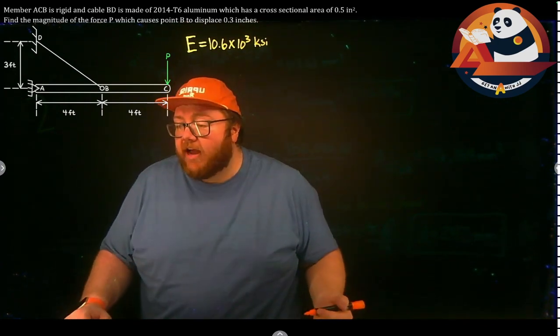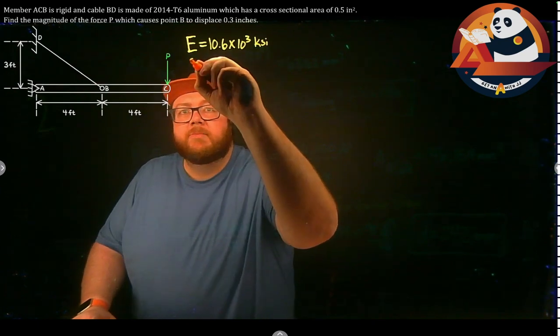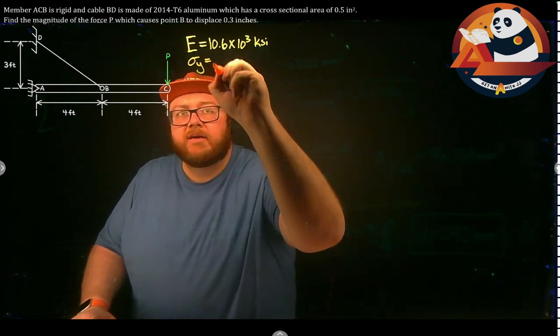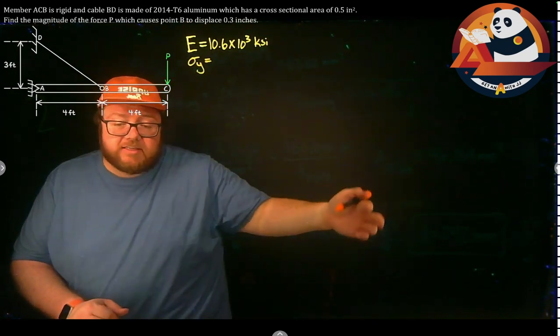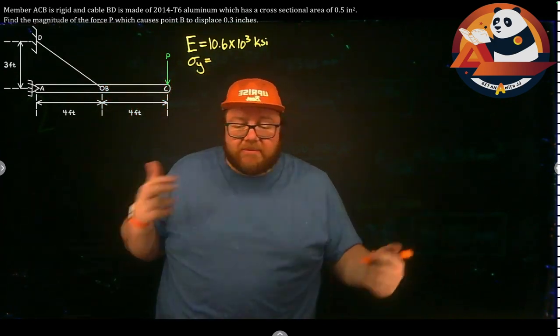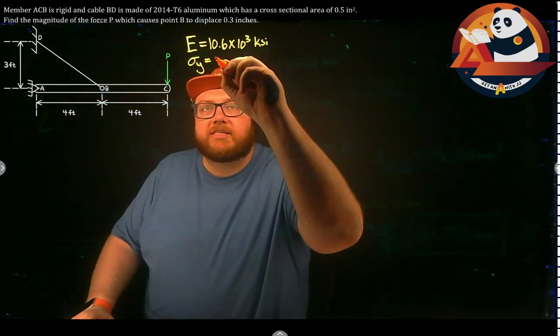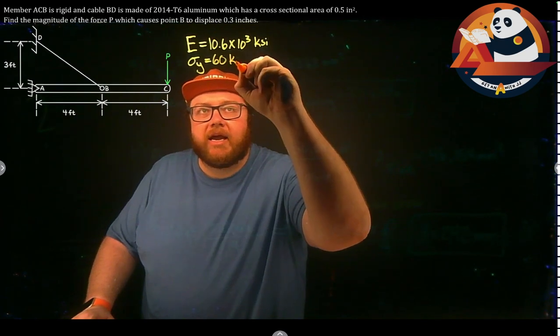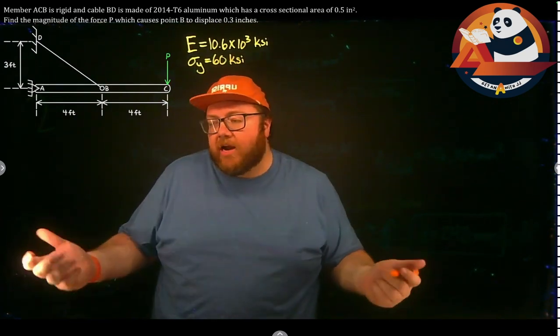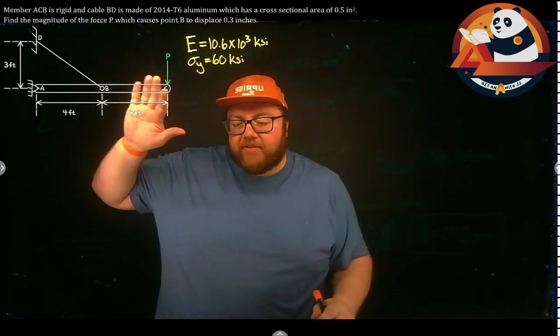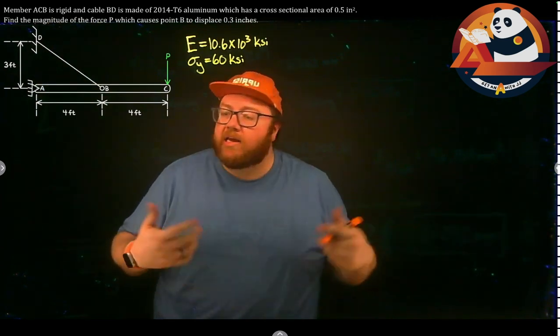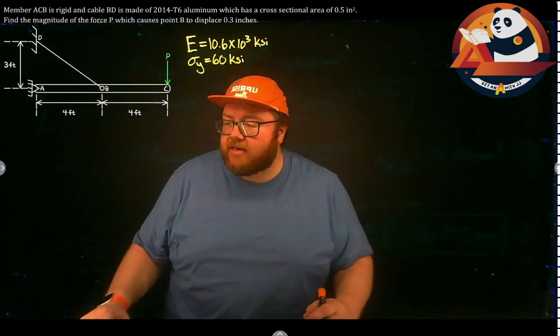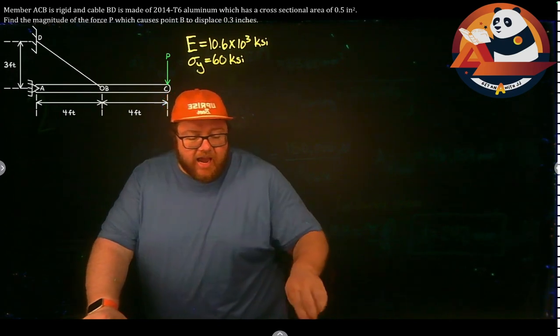Pulling from a table, sigma y is 60 ksi. These should be the same values no matter where we look, because it's a property of the material, not something a textbook author or I come up with. So we have both of those.